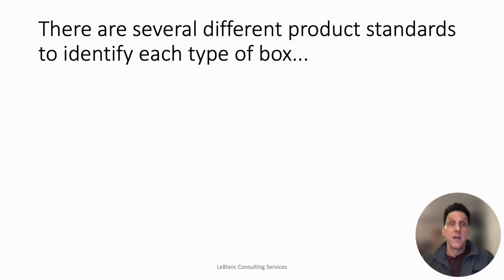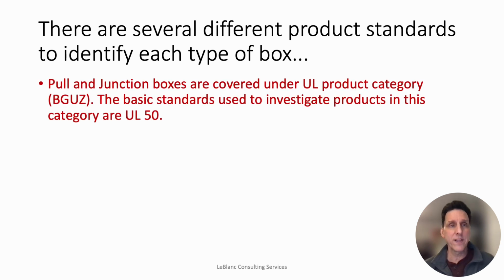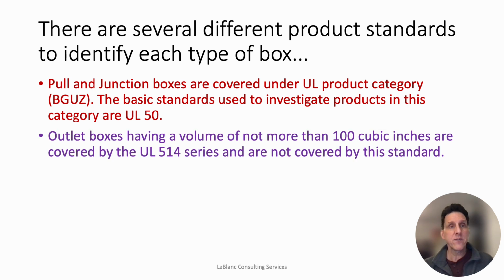Now, there are different types of standards. There are several different standards to cover the different types of boxes, if you will. So one of them is UL 50. UL 50 covers pull and junction boxes. Okay? And then for outlet boxes, it's UL 514.